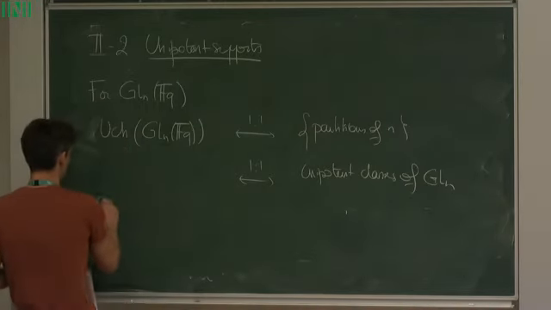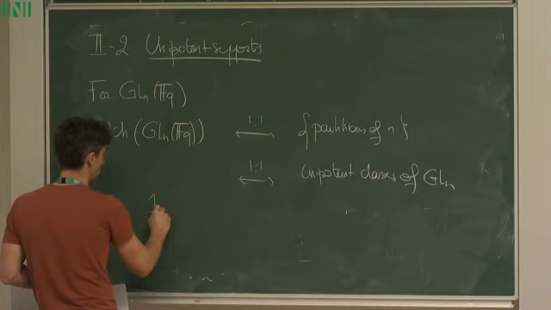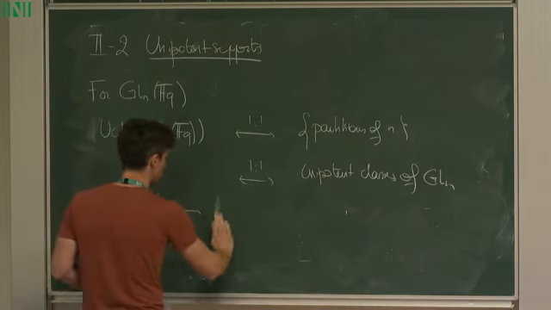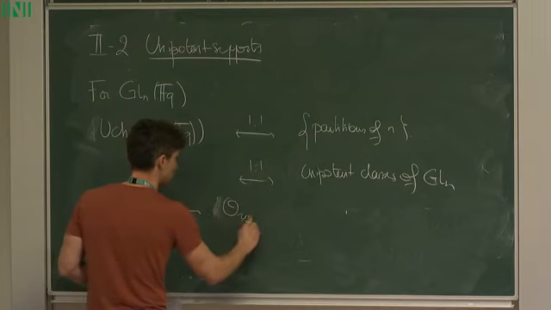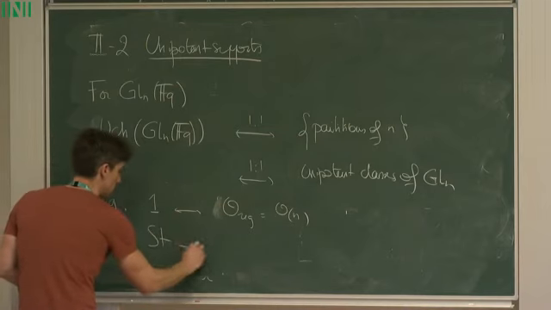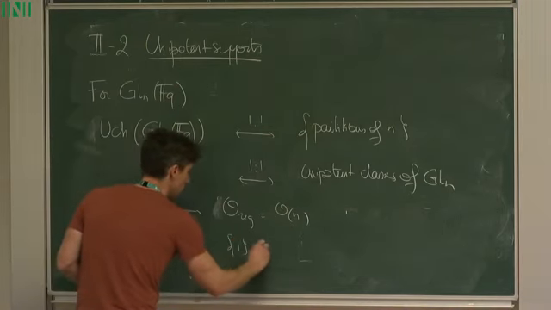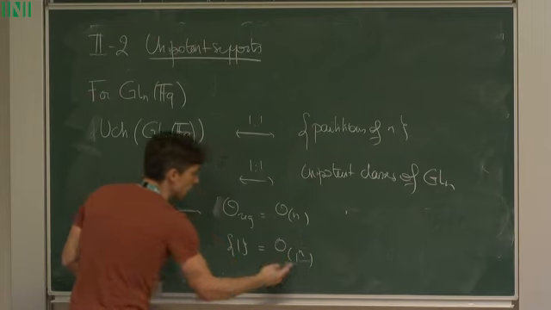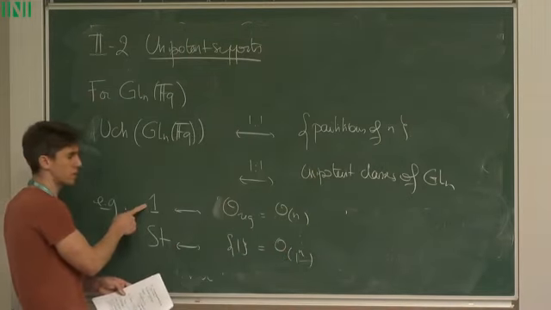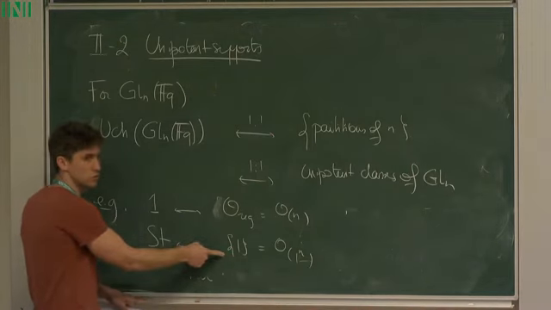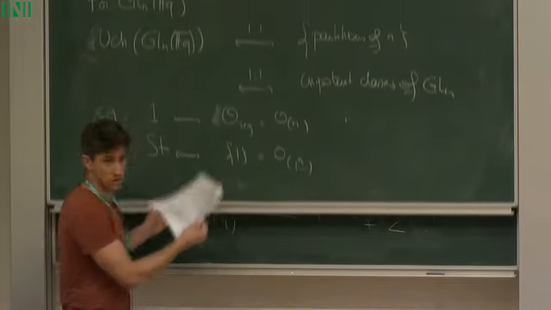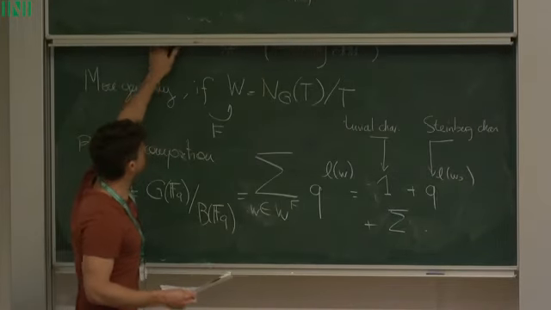For example, the trivial character corresponds to the regular class, the one corresponding to the partition n, and the Steinberg character corresponds to the trivial class. Okay, this is a little bit surprising when you look at this parameterization. The trivial representation does not correspond to the trivial class, but I will explain this in a minute. It's a convention that we have to take.